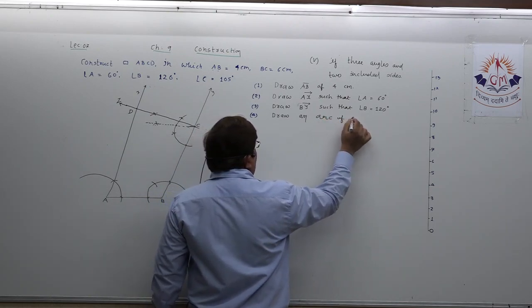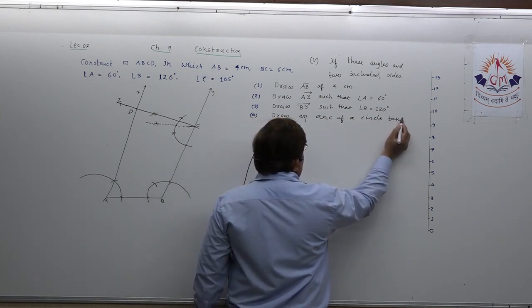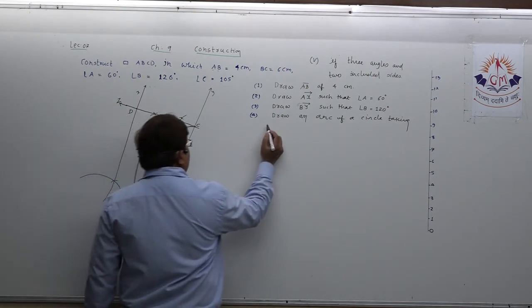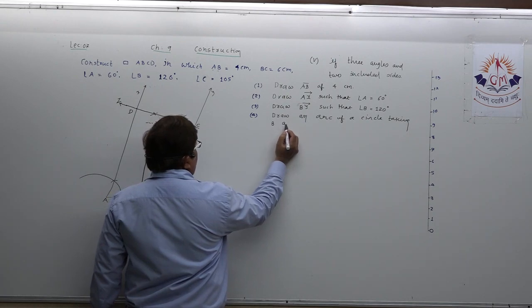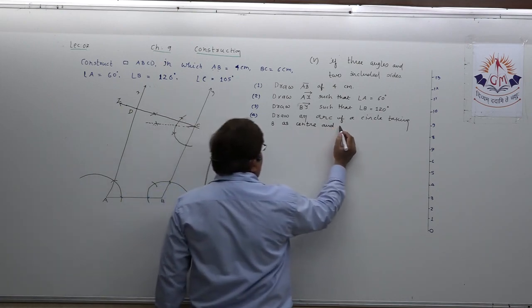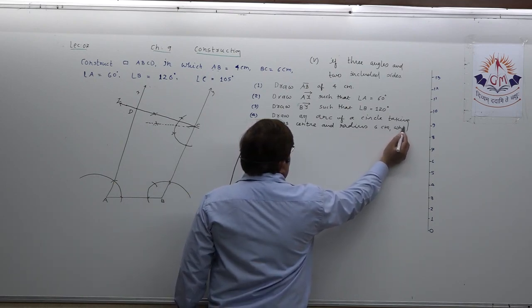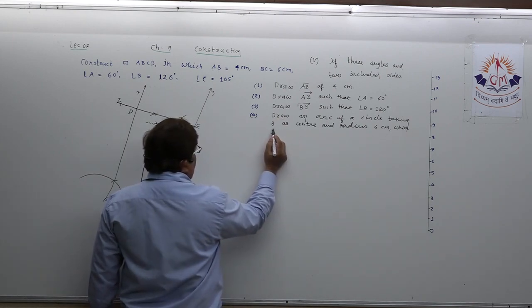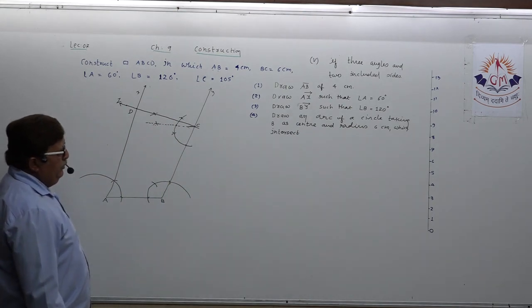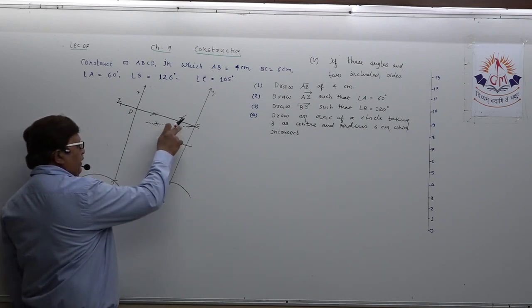Draw an arc of a circle taking B as the center and radius 6 centimeter, which intersects, what is it intersecting?